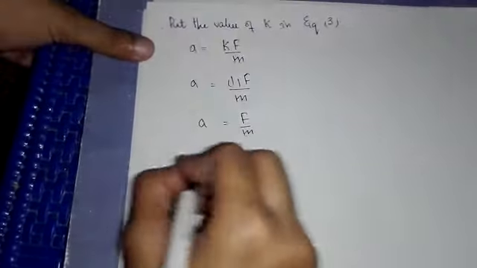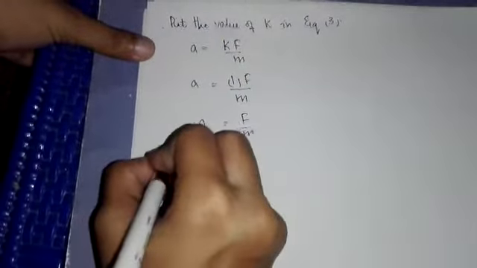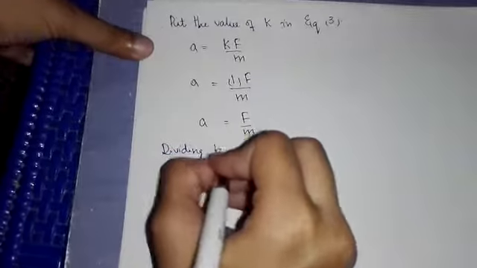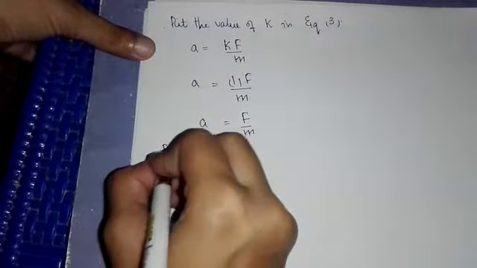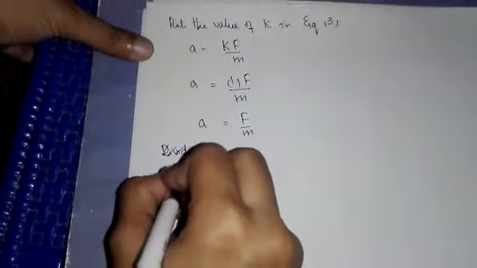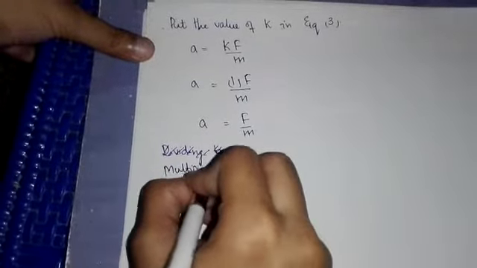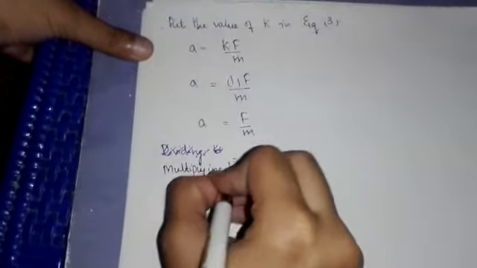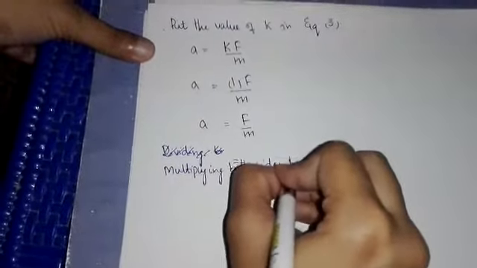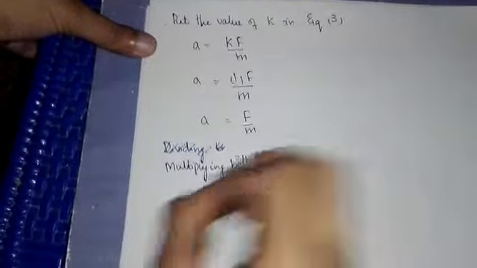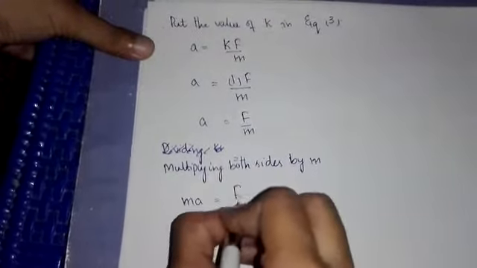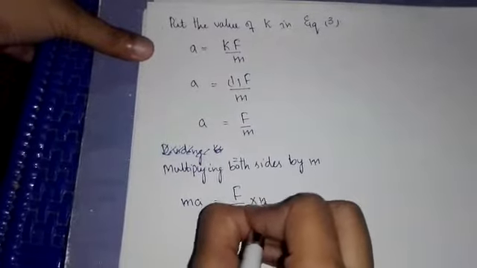So multiplying both sides by m, then we have m a and f over m into m.